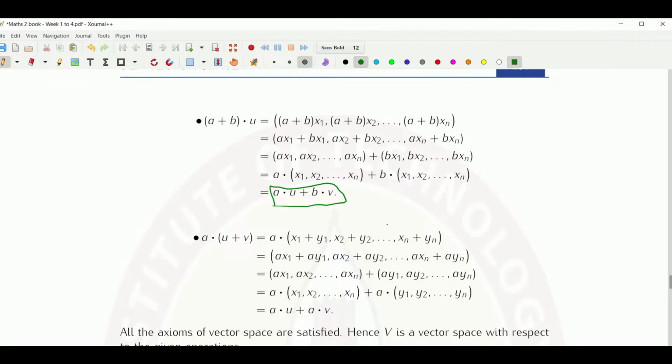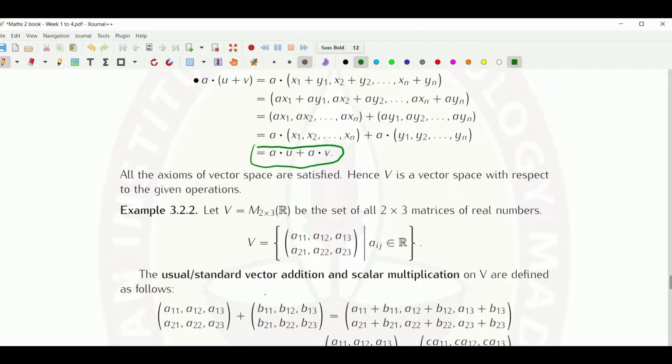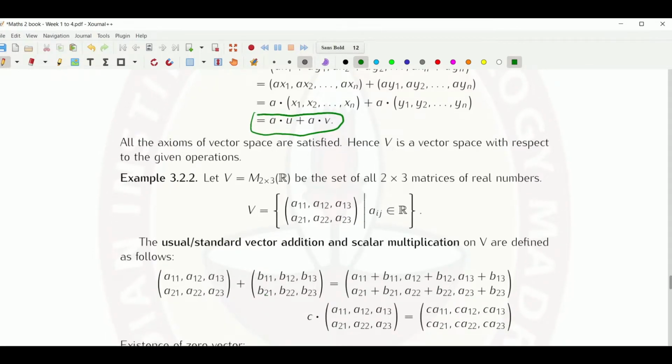So (ax1, ax2, ..., axn), let's take common, plus (ay1, ay2, ..., ayn), let's take common. So a dot u plus a dot v, you will get this one. All the axioms of vector space are satisfied, hence V is a vector space with respect to the given operations.